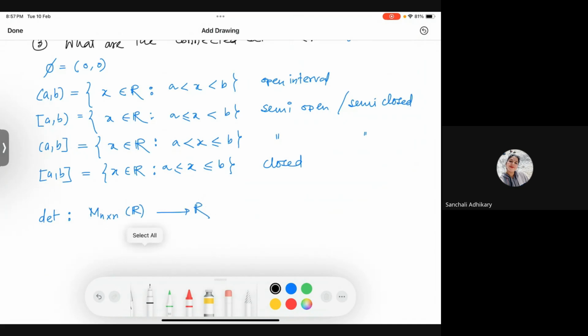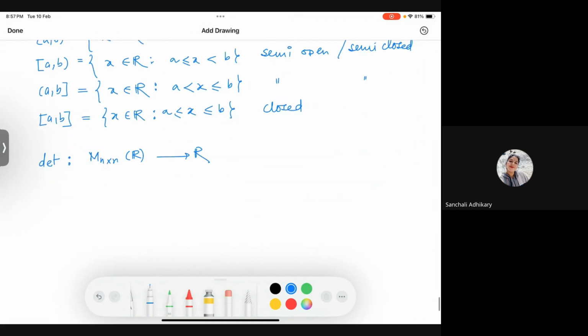Now see, the determinant function is a continuous function, right? Why is the determinant function continuous?